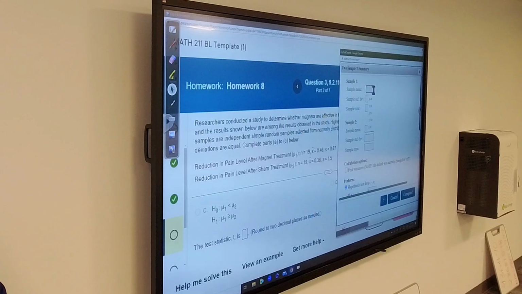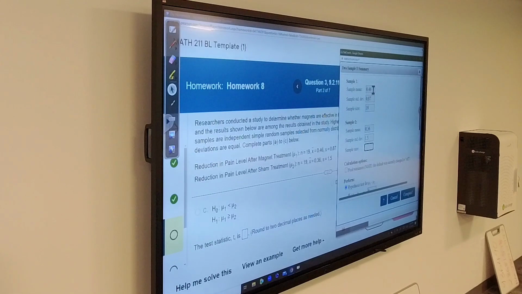Right, so the average reduction in pain level for the treatment group was 0.46 with a standard deviation of 0.87 with 19 people. And the placebo group was 0.36 reduction with a 1.5 standard deviation.